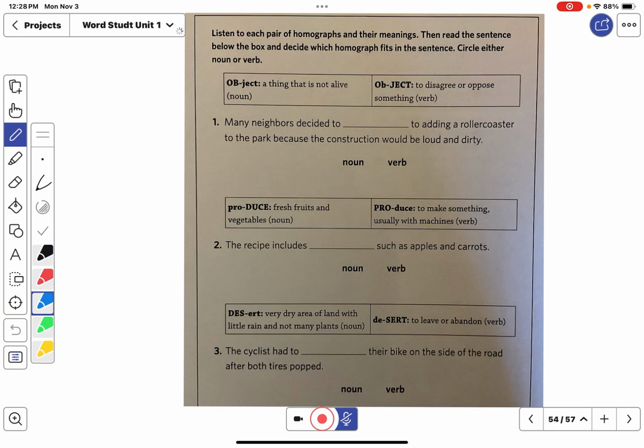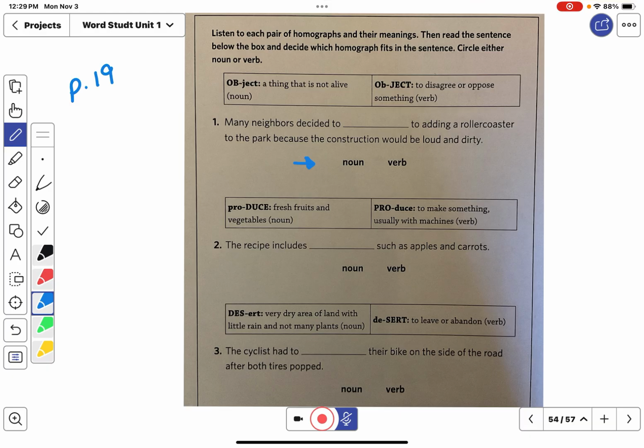You are now going to turn to this page in your word study journal, page 19, and you're going to listen as I read these sentences to you, and you're going to decide, is the word a noun or a verb? You will circle one or the other.